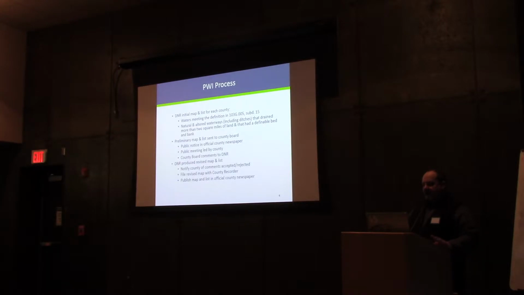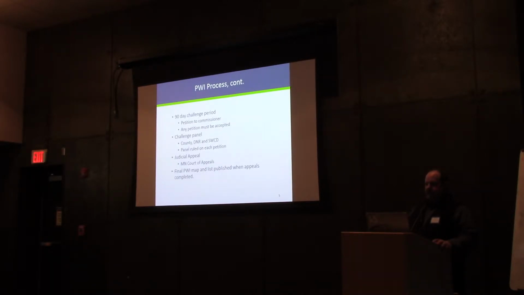And then after that process with the county, there was a public notice in the county newspaper, and the PWI mapping was published in the local newspaper. And then there was a 90-day challenge period where anybody could challenge the designation of any wetland, lake, or watercourse as a public water.